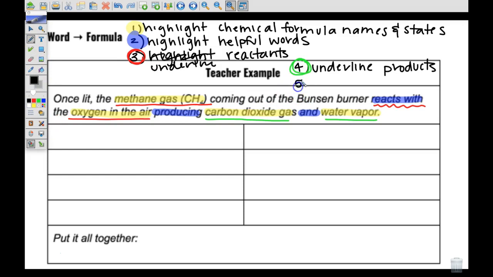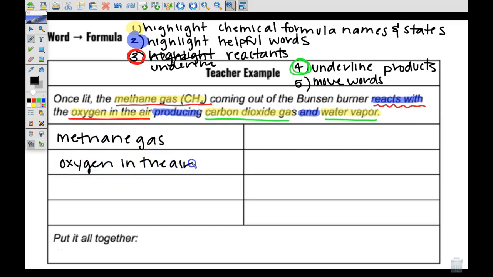My next step is to move the words down to these really helpful boxes, and then translate based off of my knowledge of nomenclature rules. I first have methane gas, and then I have oxygen, and it says in the air, so I think that's a gas.